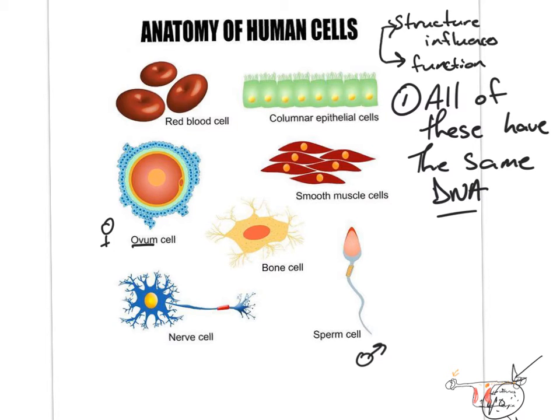But remember, what did you learn over the weekend? The DNA commands the cell. So how is it that you can have the same DNA in the red blood cell, epithelial cell, smooth muscle, bone, nerve, and sperm or ovum, depending on male or female? How do you have the same DNA in each of these, and they have such radically different structures and functions?